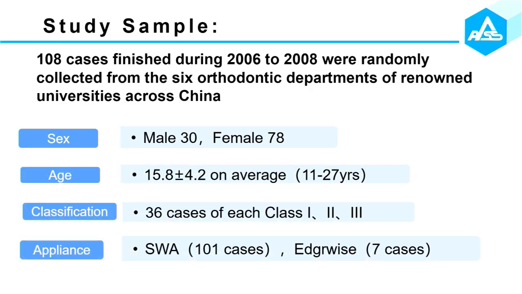There were 30 male and 78 female. Average age is 15.8. The classification involved 36 cases each of Class 1, Class 2, and Class 3. Most cases were treated with the Spee-wire appliance.